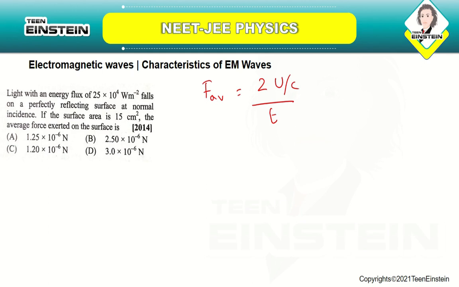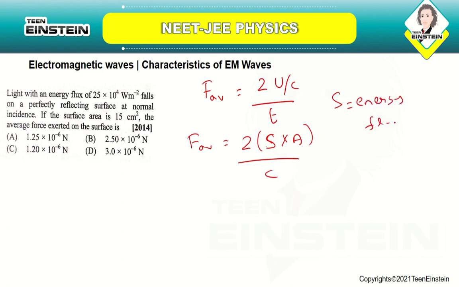For unit time, F average will be 2 into S into A by C, where S is the energy flux. Here they are giving you the energy flux as 25 into 10 power 4, and the area is 15 centimeter square, so 15 into 10 power minus 4, as we are converting it into meters.